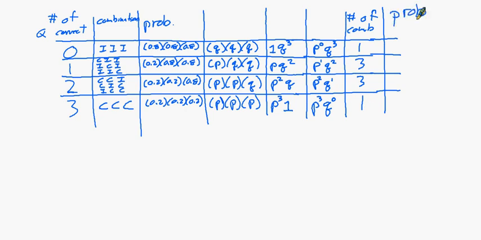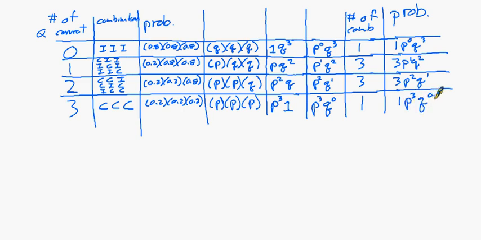So when we get to our probability again, really this is going to be 1 p to the 0 q to the third, 3 times that, 3 times that, and 1 times that.